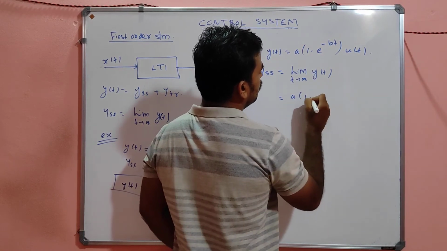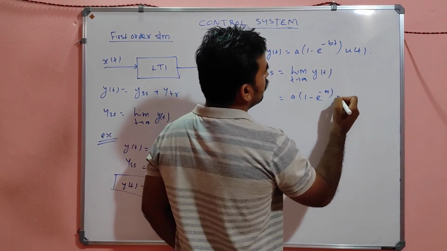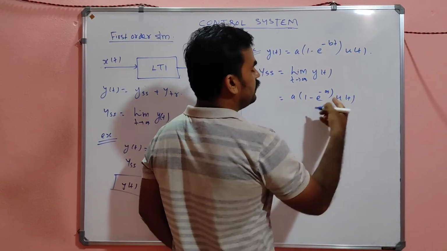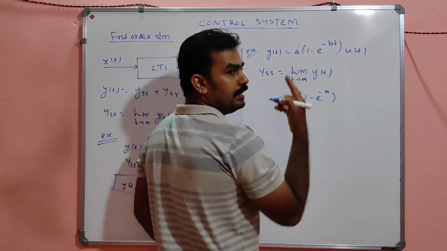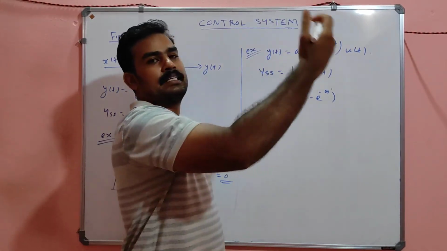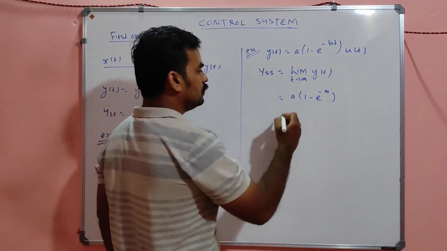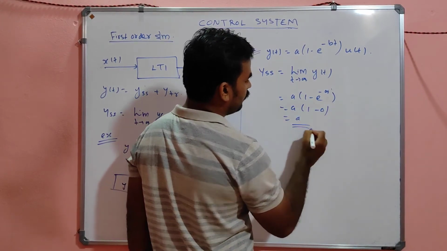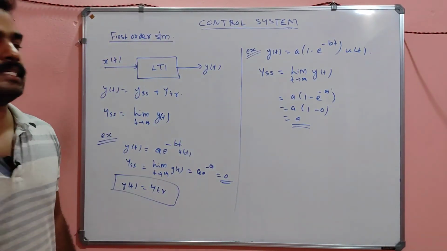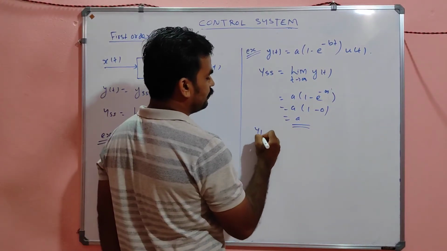So it is A into 1 minus e raised to minus infinity, u of t. Correct? As t tends to infinity, for t greater than 0 the value of u of t is 1. So its value will be A into 1 minus 0, simply A. So the steady state value exists. And what is the transient value?